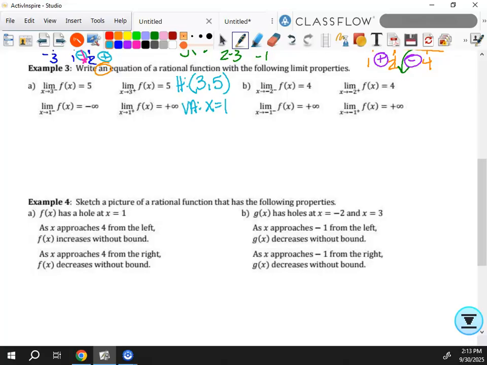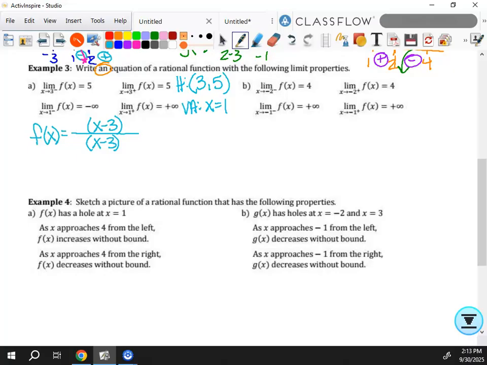Okay, then because we know this, we can write an equation that would give us these properties here. So this is f of x. Okay, I know that if I have a hole at 3, 5, then I had to have a factor of x minus 3 in the numerator and in the denominator so that they would cancel out so that I would get a hole at 3, right?